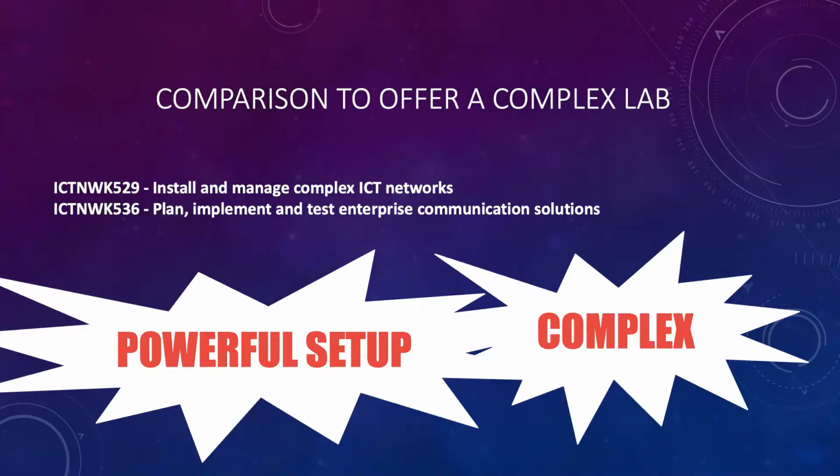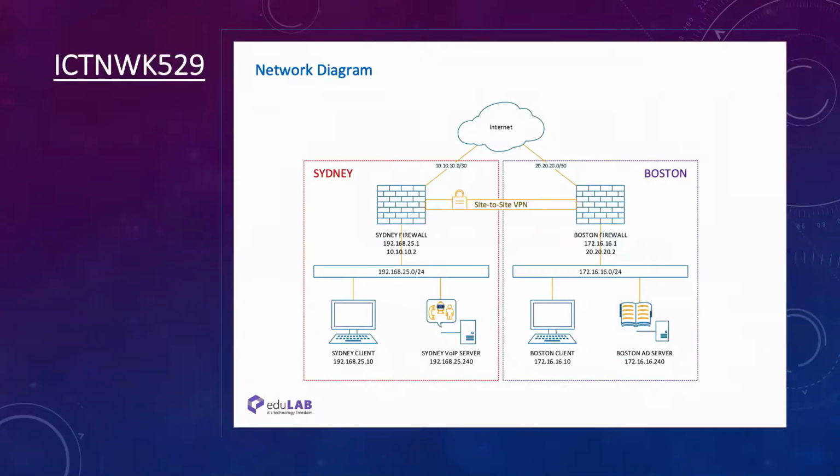If you want to offer these units, you need something powerful. You need something complex, because this is the setup that you are required to offer ICT and WK 5 to 9. You have 7 virtual components here. You need to have a simulation of a 2 site environment, as you can see here, Sydney and Boston, where those 2 sites need to be connected to the internet.